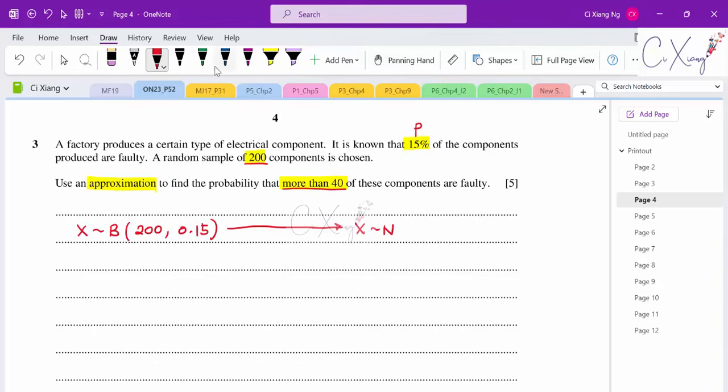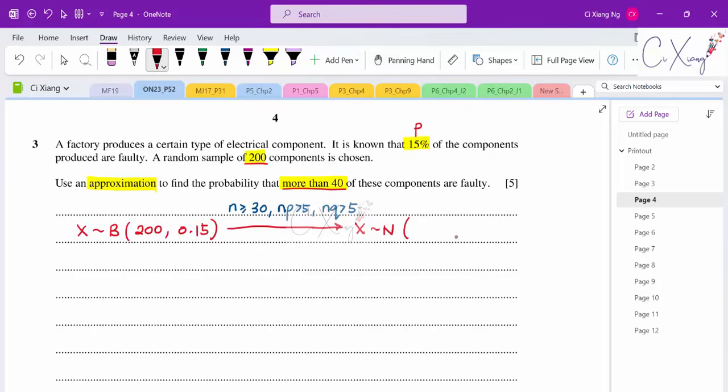But for those who are interested in checking the condition, you have to check whether n is greater than or equal to 30 or not. That's the first one. Then check whether n times p is greater than 5, and also n times q is greater than 5. If it fulfills these three conditions, basically you can change binomial to normal. For our case, because they already give us a very obvious keyword of approximation, you can directly change it.